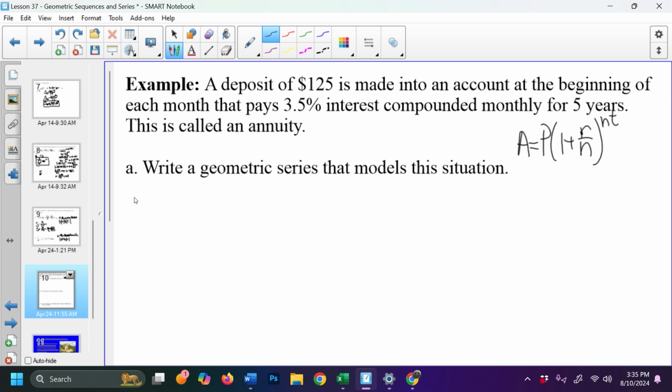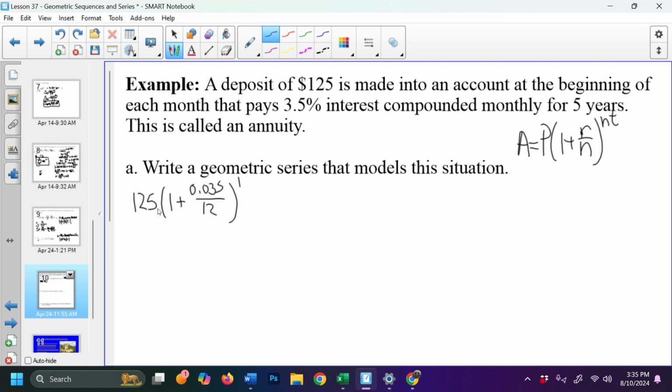And so think about it this way. You deposit $125, and at the end of the first month, it will have earned 0.035 over 12 interest, compounded monthly for 1 month. At the end of the first month, you deposit another $125, and you leave it in that account for a full month.